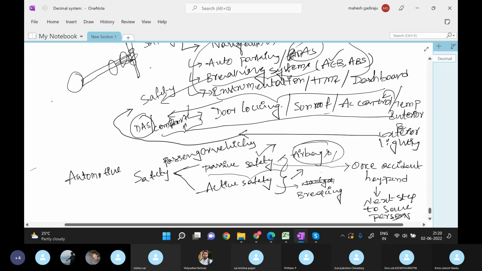Active safety is the system that prevents the accidents.